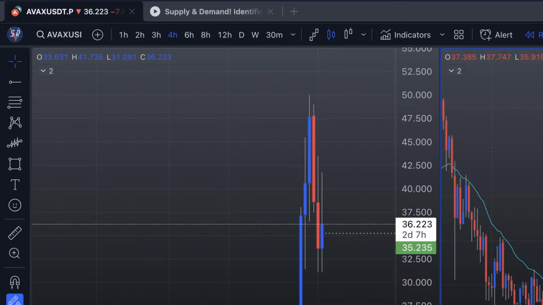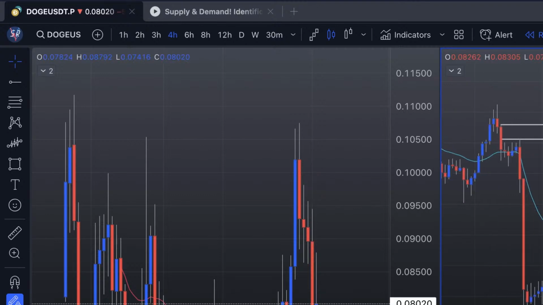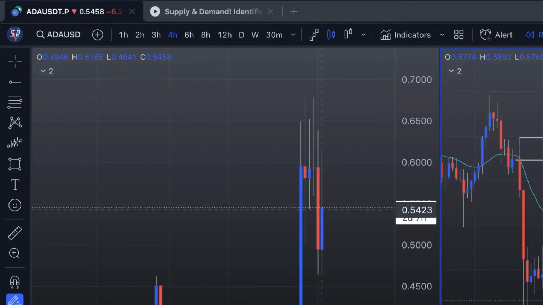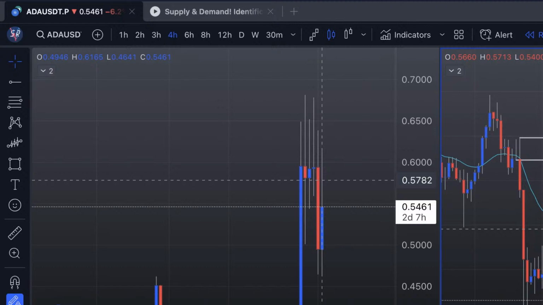My AVAX is going to be good. But I'll look at Doge, some of the weaker ones here, and I'll sell these supply zones if and when price gets back up there, to kind of hedge my account a little bit, right?